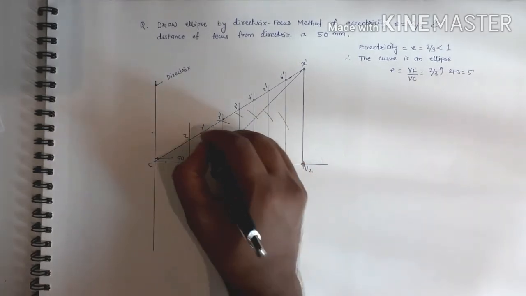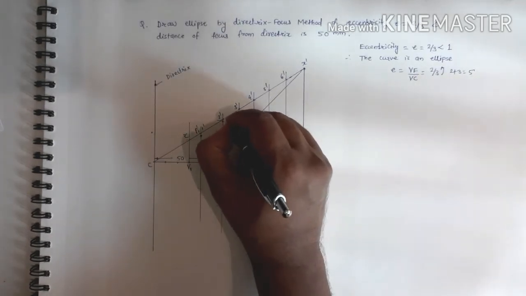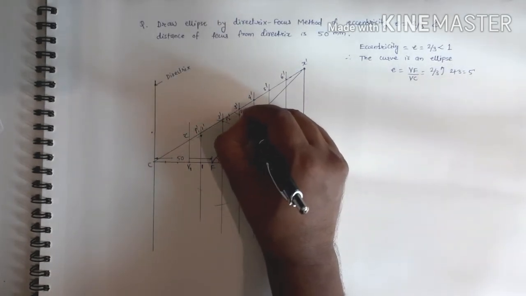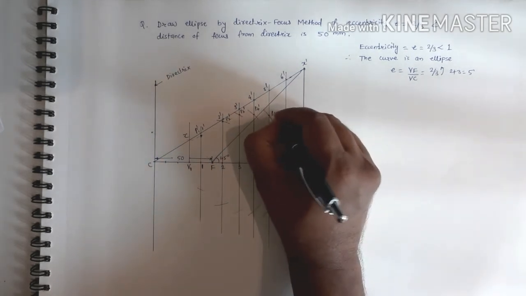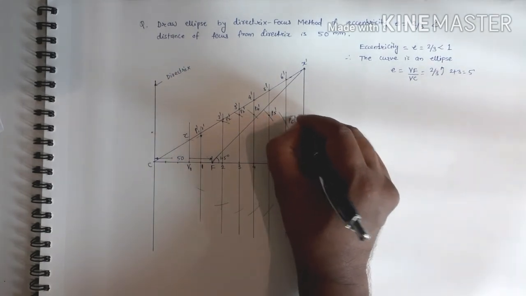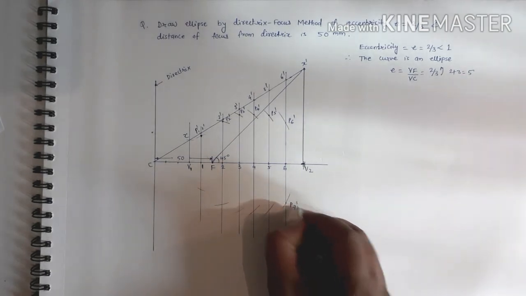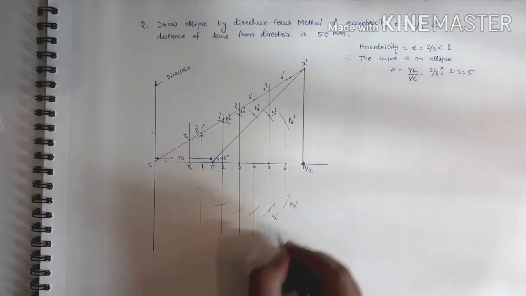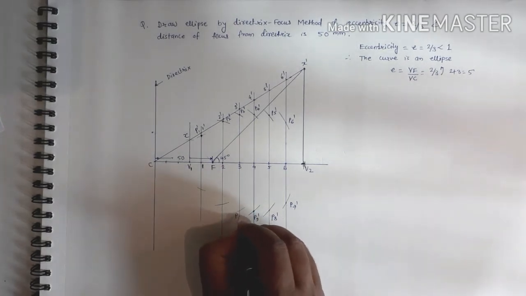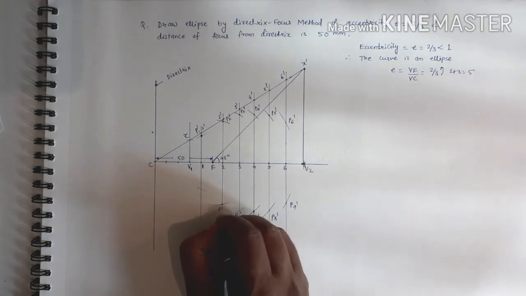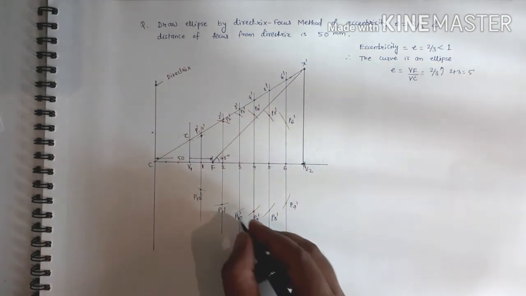So mark these points as P1 dash, this is P2 dash, this is P3 dash, this is P4 dash, this is P5 dash, this is P6 dash, this is V2, P7 dash, this is P8 dash, P9 dash, P10 dash, this is P11 dash, and this is P12 dash. So these are the points on the ellipse.